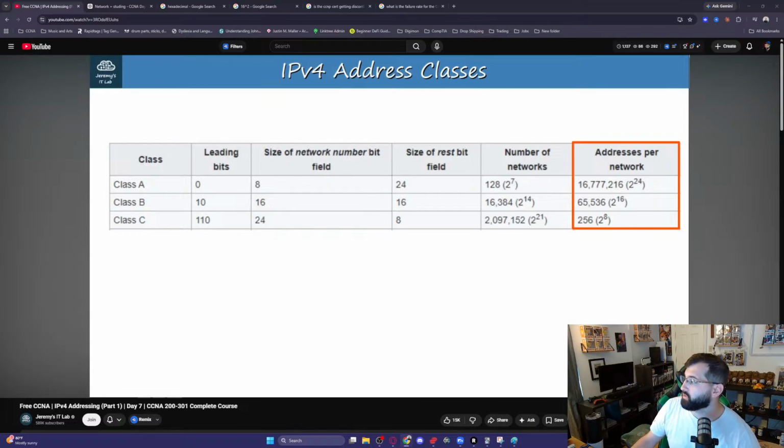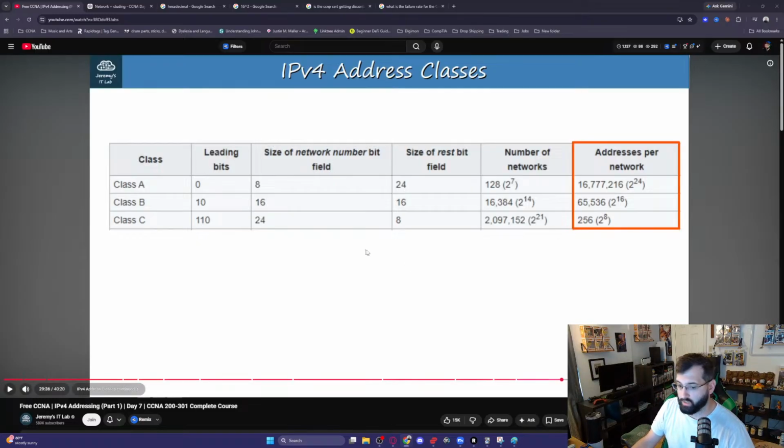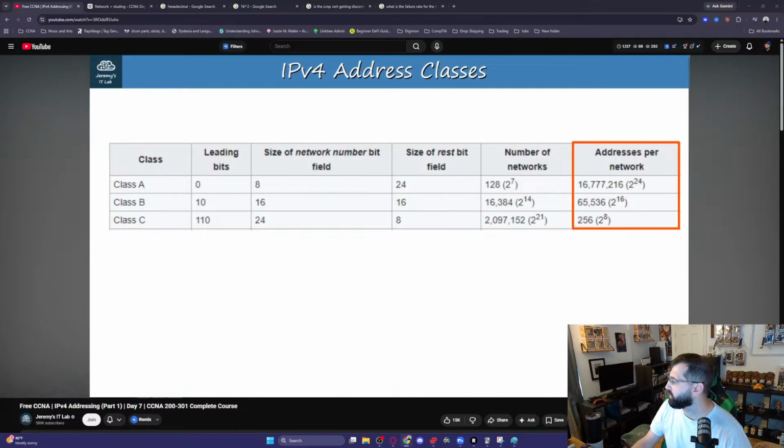But anyway, I built a study schedule based off of Jeremy's IT Labs videos, and I'm doing it twice a week on Tuesdays and Thursdays at 8 a.m. Eventually I'll probably end up streaming from 8 a.m. till noon. But right now I'm just going until I'm done with the stuff. I'm just adding it on, scaffolding it. I don't know what happened to my thing. If I find it, I'll show it to you.